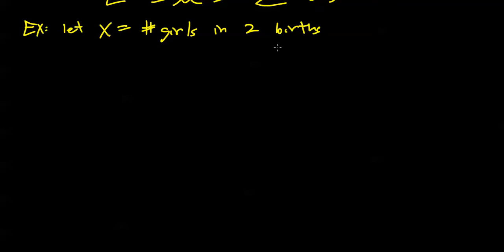Let's do another example. I'm going to let x equal the number of girls in 2 births. A little bit of a simpler example. Well, in 2 births, of course, we know we have 4 outcomes. 2 genders per trial. So 2 times 2 is going to be 4 possible outcomes.